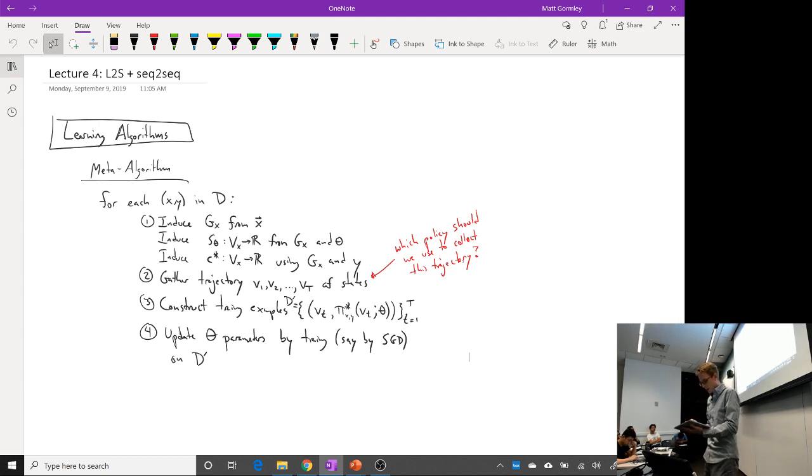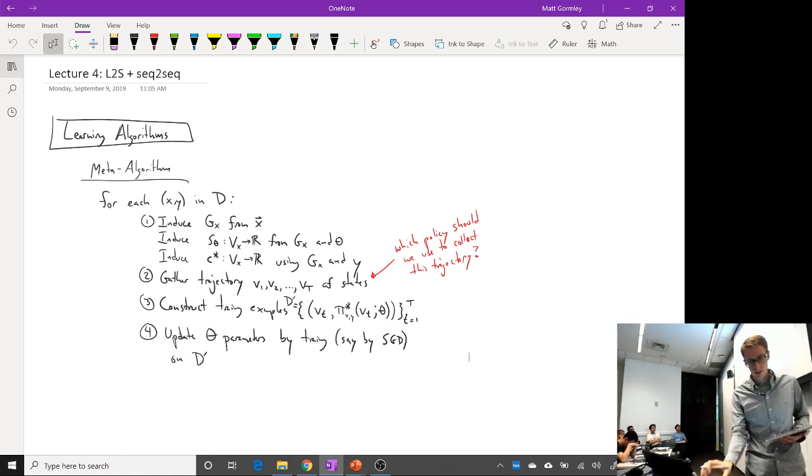So this whole algorithm is a meta-algorithm for imitation learning. And the notion of imitation here is that we want the policy that we learn, which is going to be based on that scoring function, to do almost the same as the oracle policy in terms of its behavior. So we're going to update the parameters of the scoring function so that it matches the behavior of the oracle policy as well as possible.